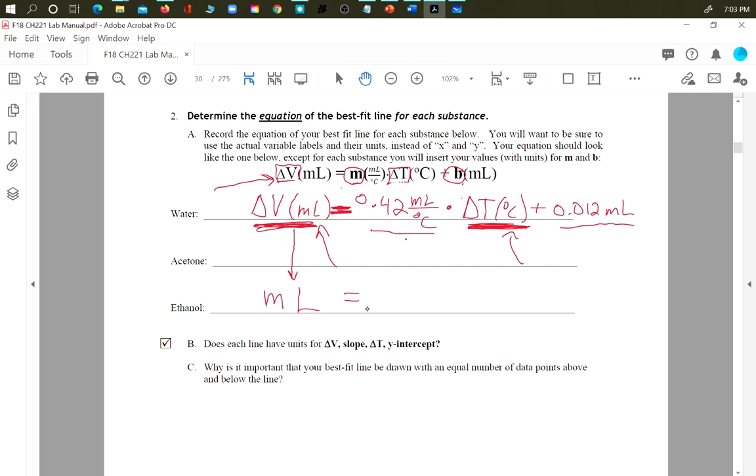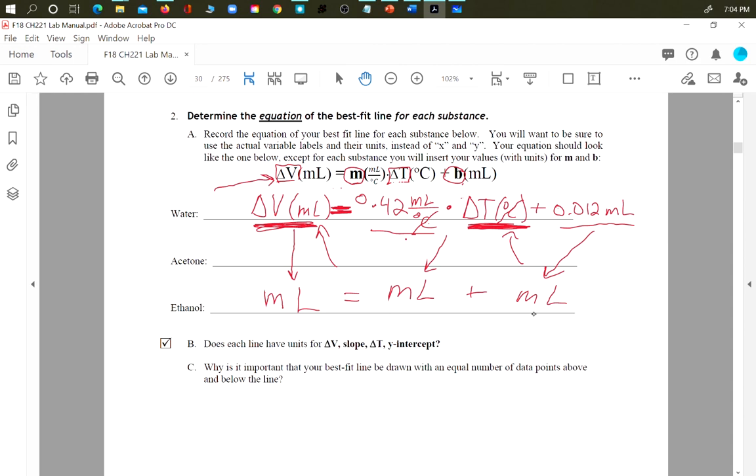It can't come out to be grams or something. That's ridiculous. So let's see. A milliliter per degree Celsius times Celsius, those cancel, and you're left with milliliters. That's the result of those two units. And the y-intercept, that's a y variable, milliliters. A milliliter is a milliliter. The volume change in milliliters is equal to this number of milliliters. That's what it tells us.